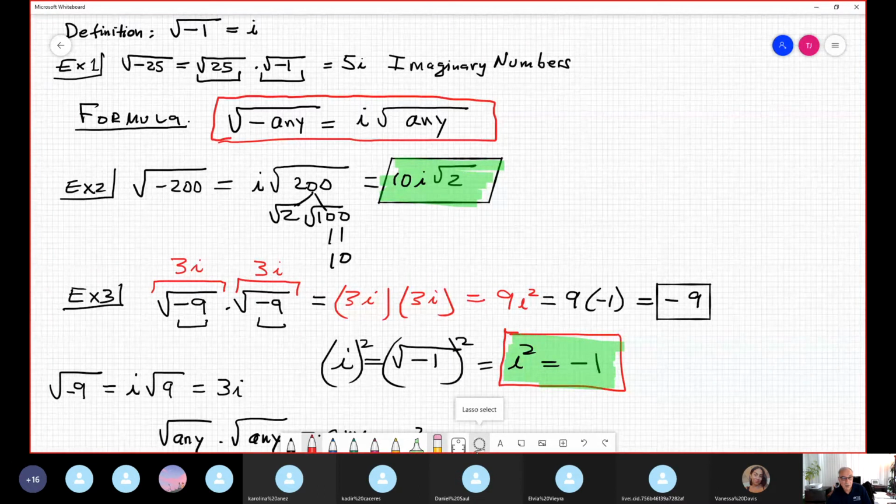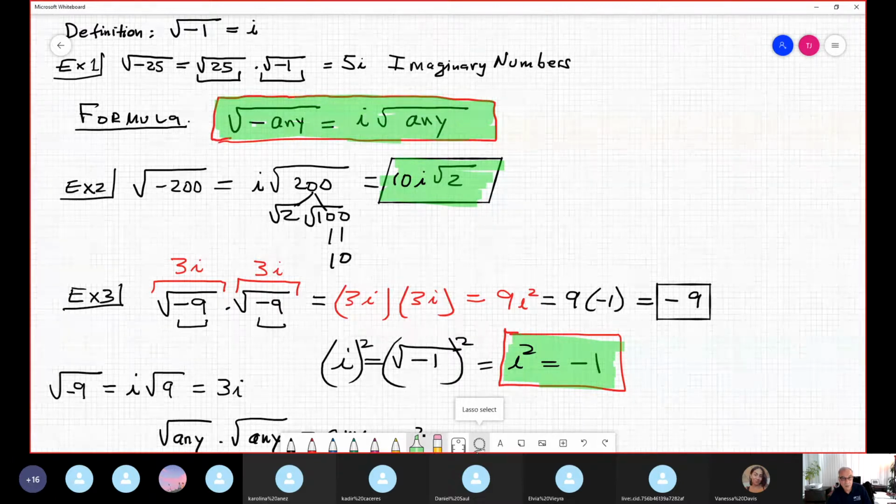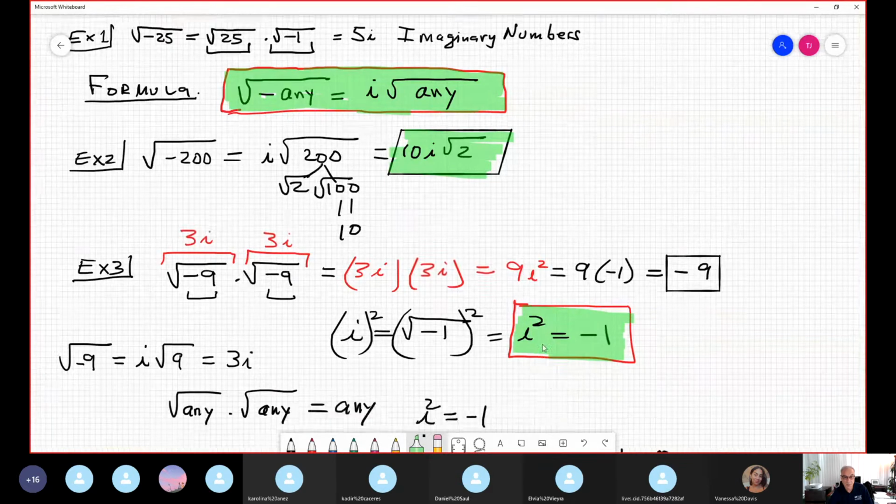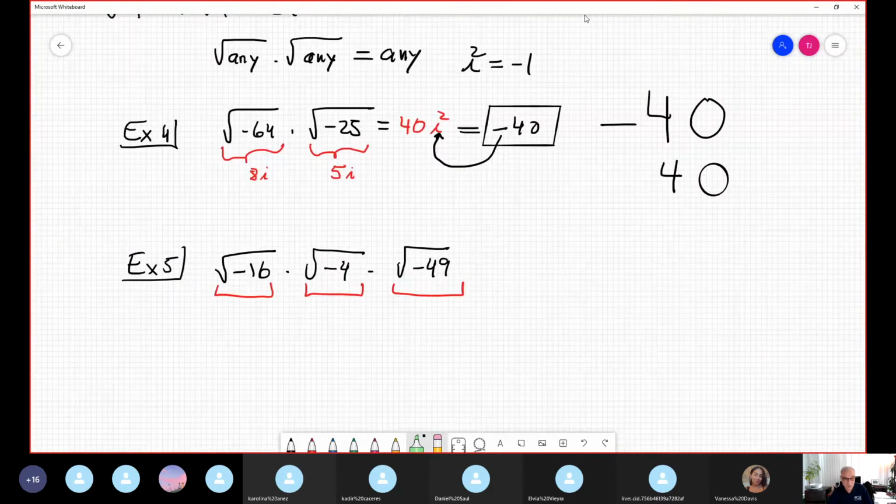Okay, let me highlight that formula because it's extremely important. So now I compute easily. I compute the square root of the number inside, which is square root of 64.